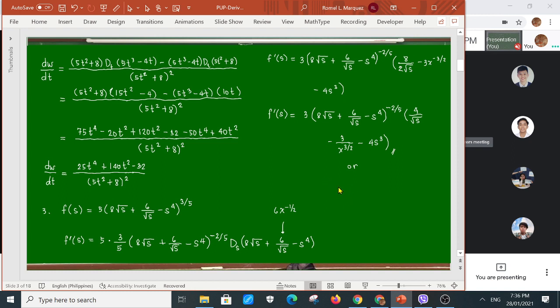Okay, guys? Pwede rin siya, yung sinasuggest niya, pwede rin 3 multiplied by, what's this one? Ano yung numerator, guys? 4 over s square root of s, and then minus 3 over x to the 3/2, and then minus 4s cubed, all over, pero yung 3 di kasama, ha?